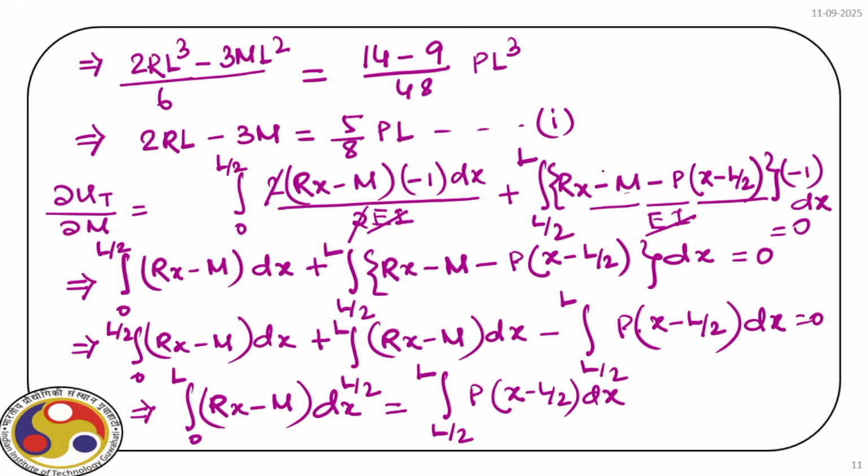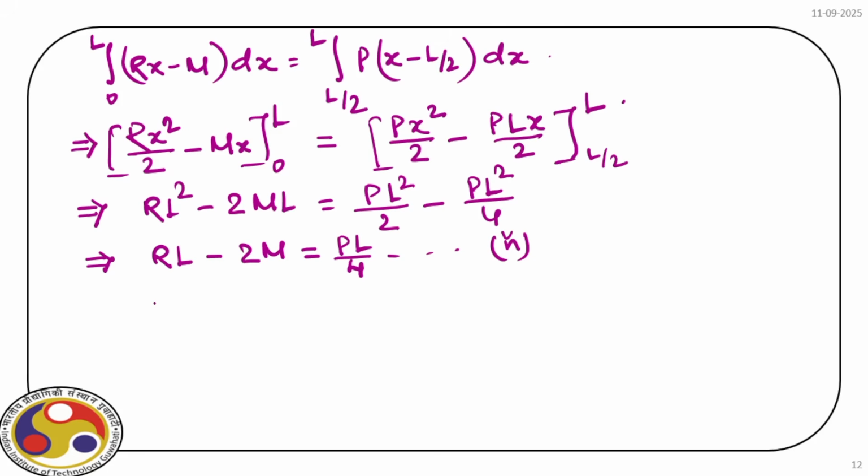So we have the first equation here, which is twice RL minus 3M equal to 5 by 8 PL. So let us just write it here. We have twice RL minus thrice M is equal to 5 by 8 PL. So that is the first equation, right?